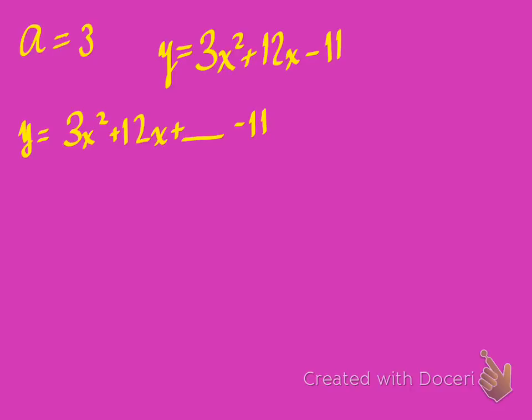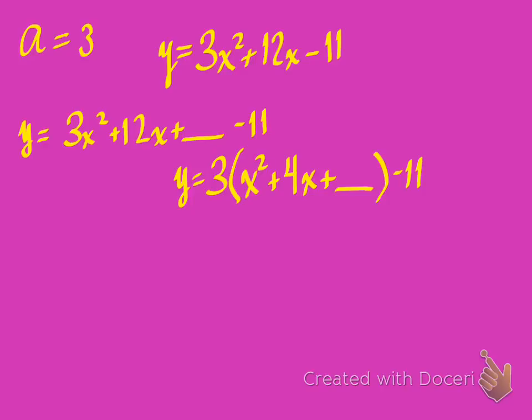All right? So the first thing, since a does not equal 1, I have to divide those first two terms by a. So when I do that, I factor out the a from the 3x squared and the 12x, and I get 3 times parentheses x squared plus 4x plus something, minus 11.